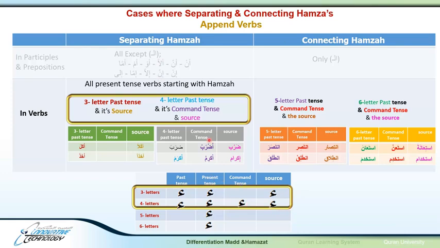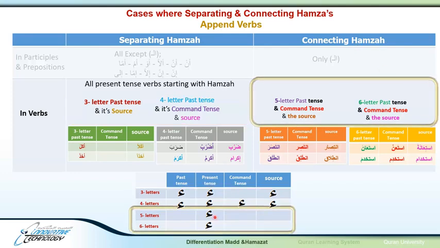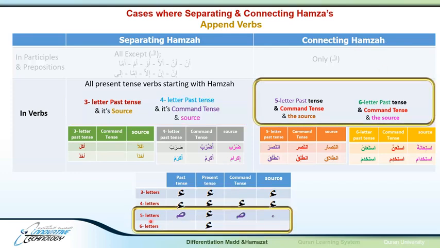For 4 letters, even the command tense is. For 3 letters, the command tense is not. Anything remaining is associated with a connecting hamza. So we'll find that the 5 letters and the 6 letters tenses are associated with connecting hamza, except in the present tense.